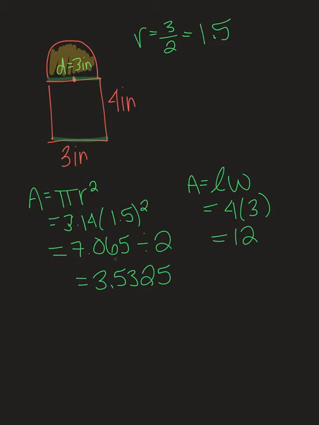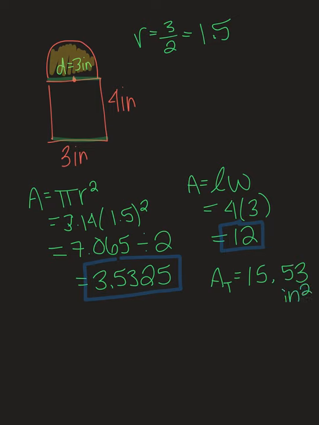So you're going to add this area of the semicircle to the area of the rectangle, and we get a total area of 15.5325. So I'm going to round that to 15.53. Remember, this is square inches.